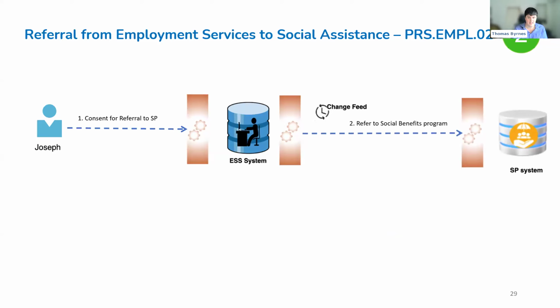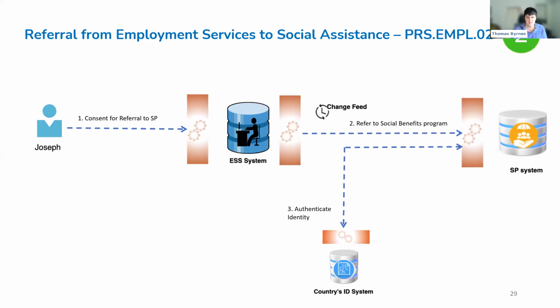And the next click will show that once the data is received by the SPMIS, it automatically checks its identity, querying the country's ID system to make sure that the national ID or unique identifier that's being passed is valid and can be included in the SP system.